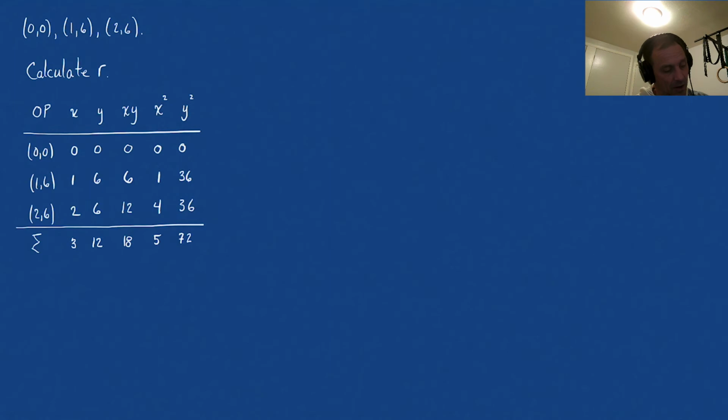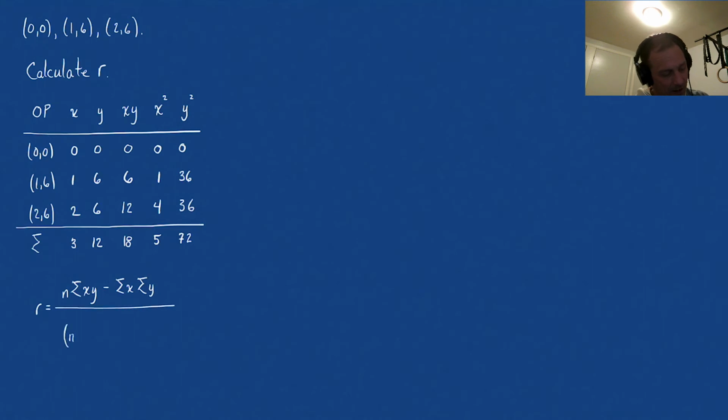Now let's calculate r. So r is n times the sum of the xy's minus the sum of the x's times the sum of the y's, over, we have this big square root coming.